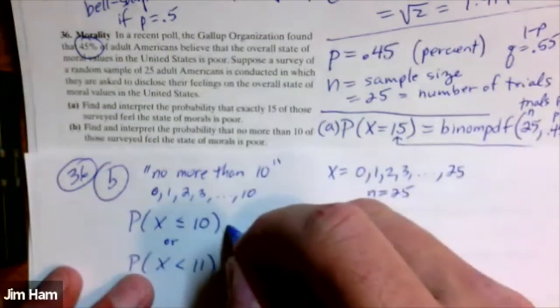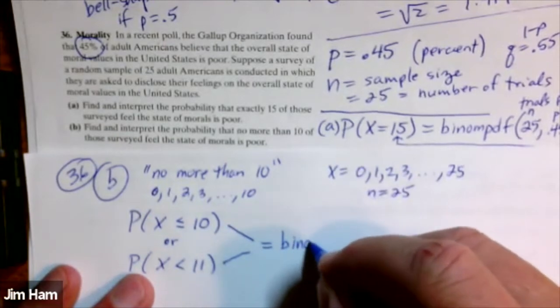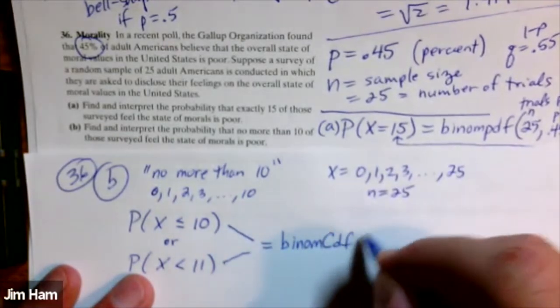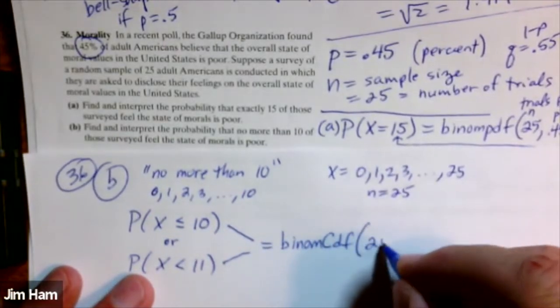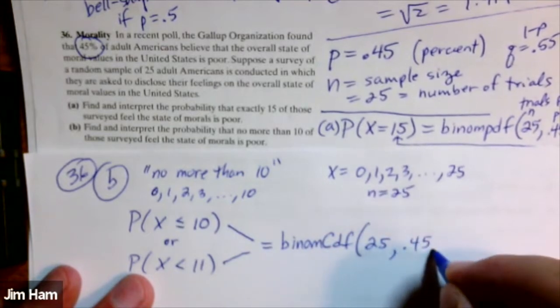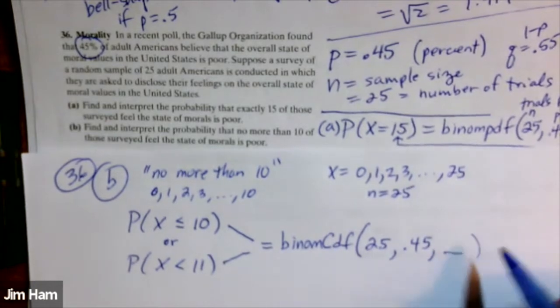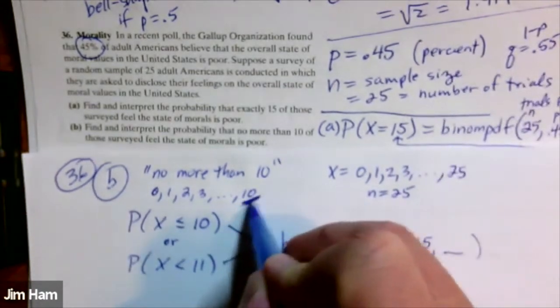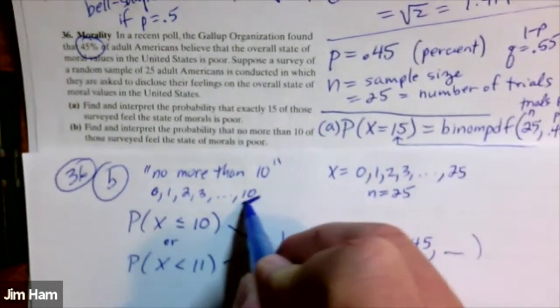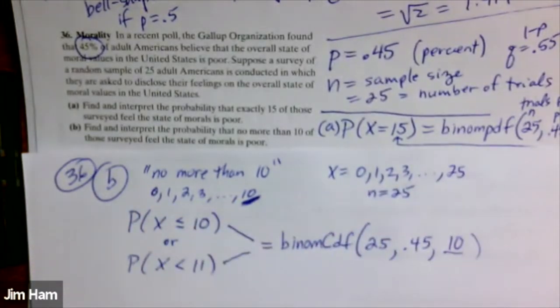So either one is going to be equal to, and we're going to use binomial CDF. Same n, same p, but now this last number always corresponds to where we stop. So if we stop at 10, from 0 up to 10, then we're going to have 10 there.